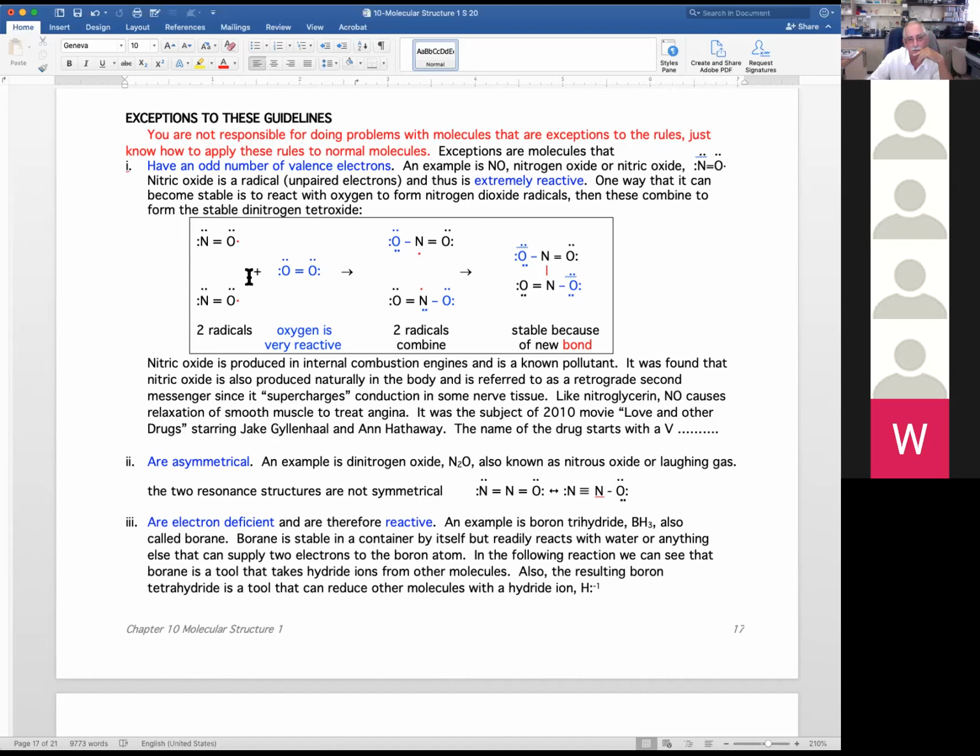So you got 2 of these with 1 of these, and you make as an intermediate these 2 radicals right here, the nitrogen dioxide radicals. But then these 2 odd electrons form a bond. Now you have a stable molecule, nitrogen tetroxide.